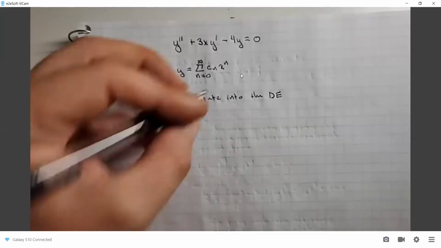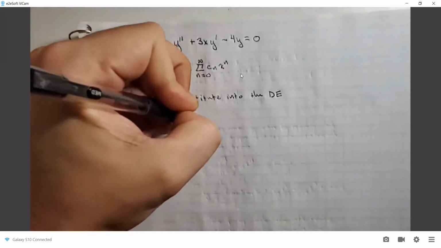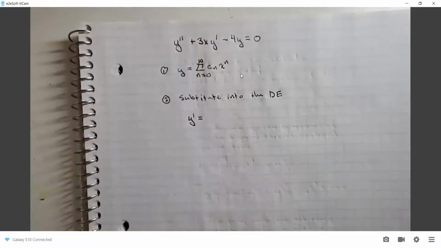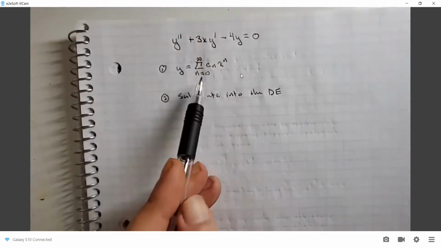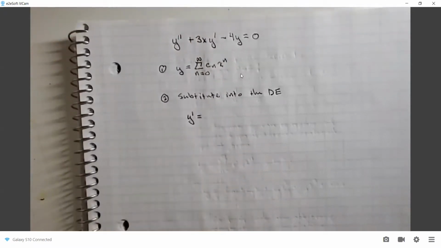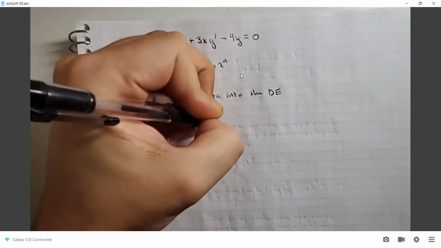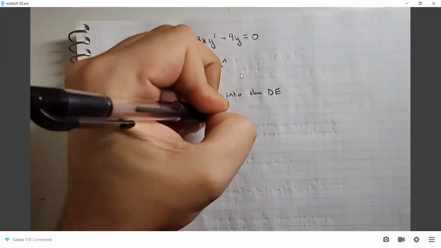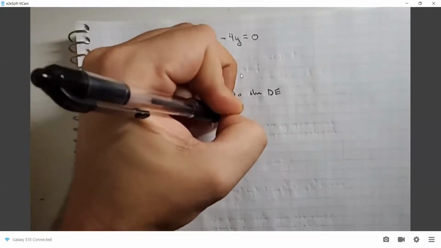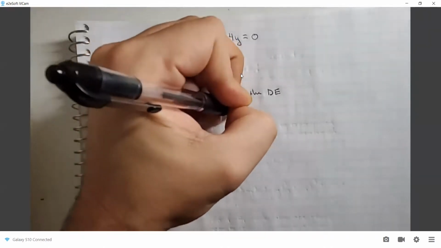So y prime: if I take the derivative of this, what do I get? The sum from 1 to infinity of n times Cn x to the n minus 1.